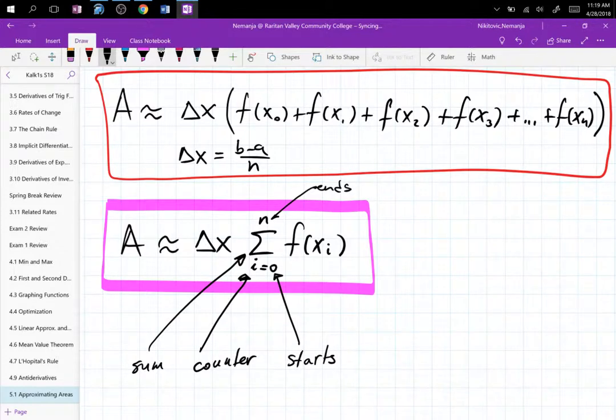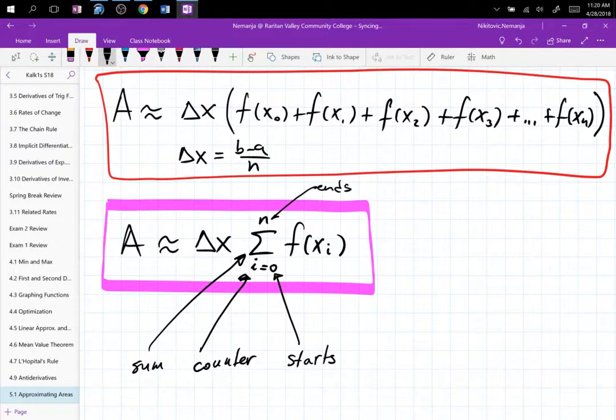If you now look at this and then look at the exploded version up there, the first time around is delta x times f of x0. Summation means plus, so plus. The second time around, delta x times f of x1, because the next whole number after 0 is 1.